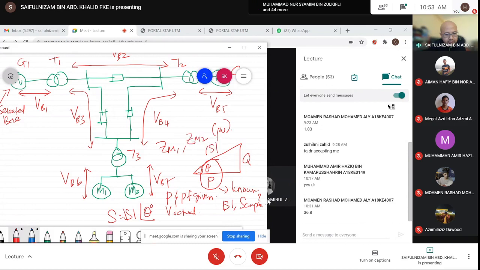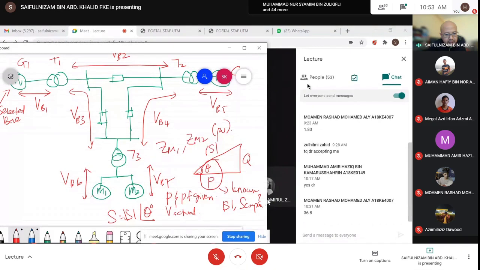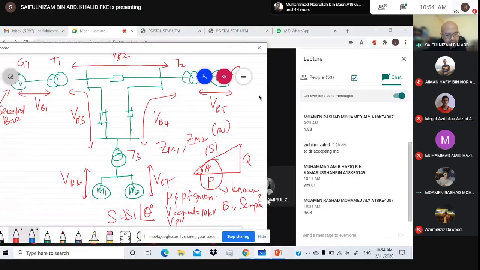So you are given the actual voltage for the motor, right? From the question, what is the actual voltage? Actual voltage for the motor is 10 kV, right? So you can get the V per unit. What is the voltage in per unit?